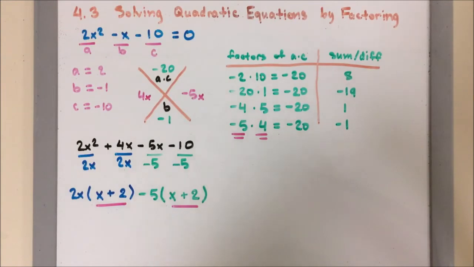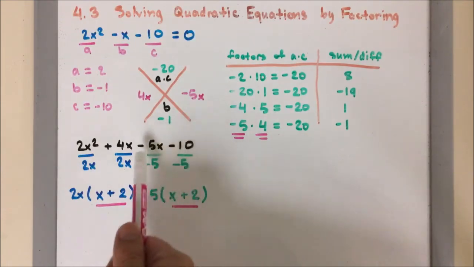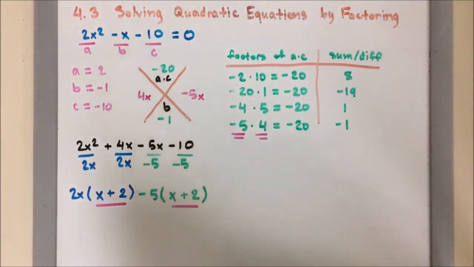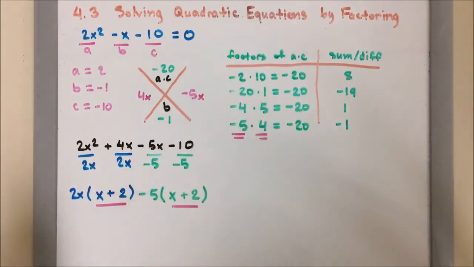Now, if I did not include the negative, then the signs inside the parenthesis would have been different compared to the one over here. So that means I'm not finished with factoring by grouping. So it's a lot better to include the negative if the first term on the right side or on the left side is negative. So be very careful with your signs.